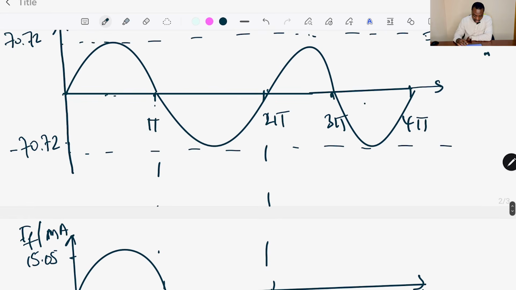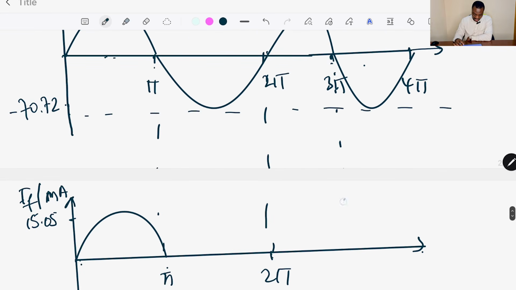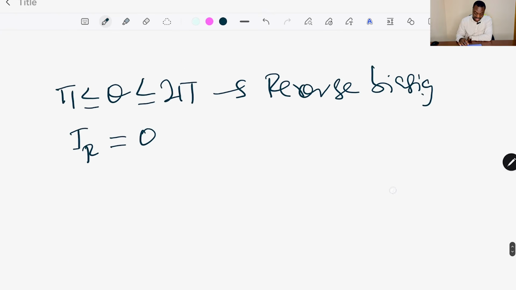The next alternation is again forward biasing, so current goes through. The last one is reverse biasing, so that will be 0.